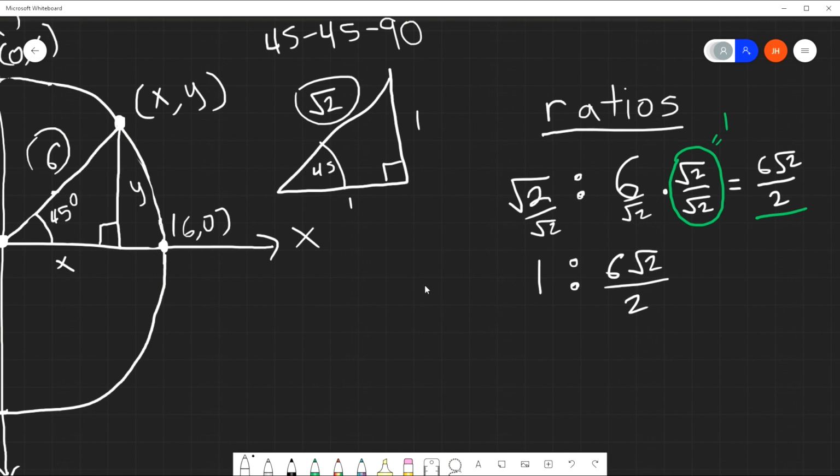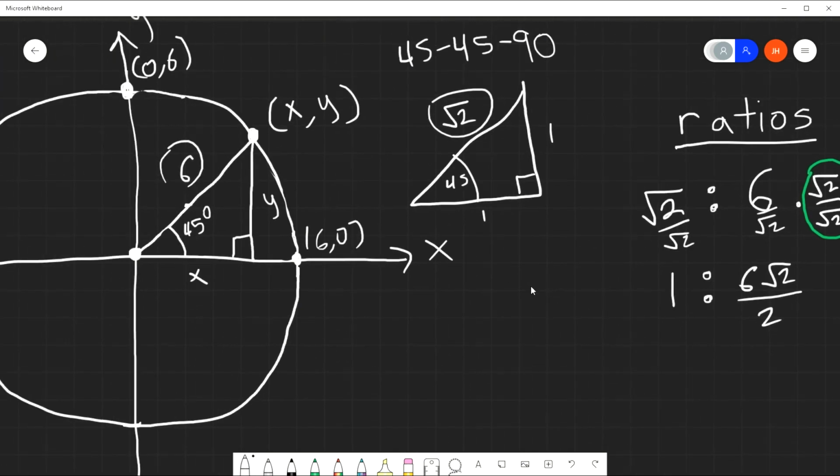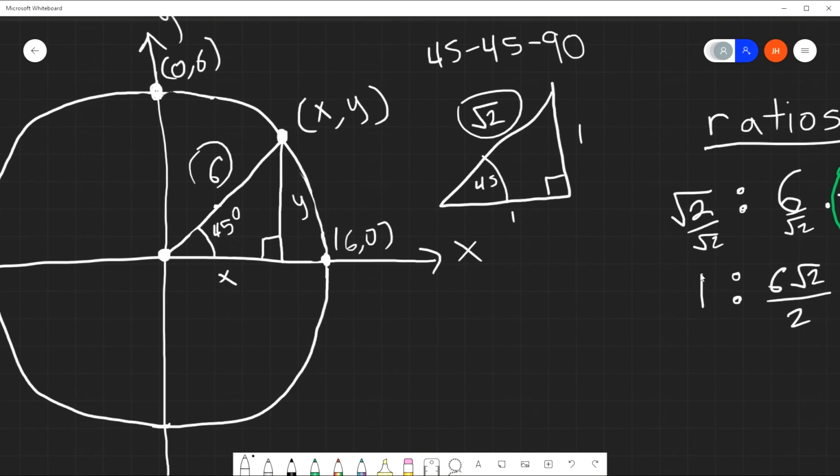And what I see here, guys, is that for every 1 unit long my 45, 45, 90 triangle is, this one here is 6 root 2 over 2 units. So that means that x is equal to 6 root 2 over 2, and y is equal to 6 root 2 over 2.